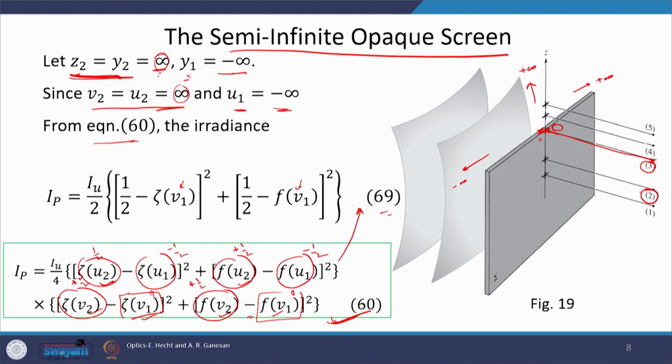Now, if we go to point 2, which is a bit down as compared to point 3, then if you place your new origin here, in this particular case the coordinate of the edge would be some non-zero positive number. Initially, when the origin was at the edge, the coordinate of this edge was 0, but now the coordinate of this edge would be some positive number. And the upper edge, which is at plus infinity, will remain as it is.